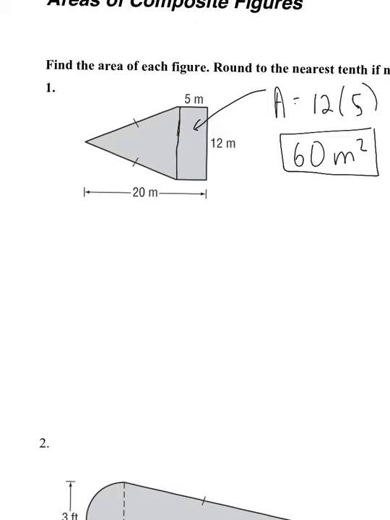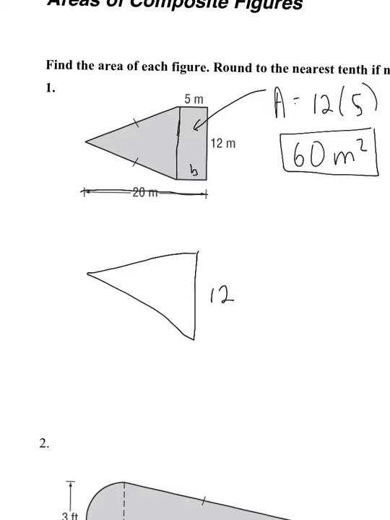Now, let's redraw the triangle. The triangle is isosceles. Okay, the base is 12. Now, what is the height of this triangle? 20 is the entire length.